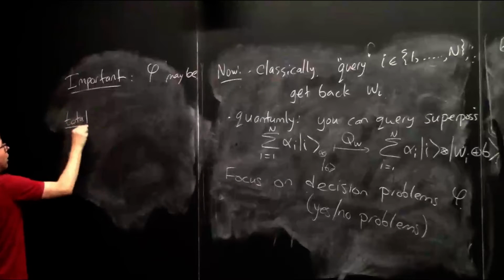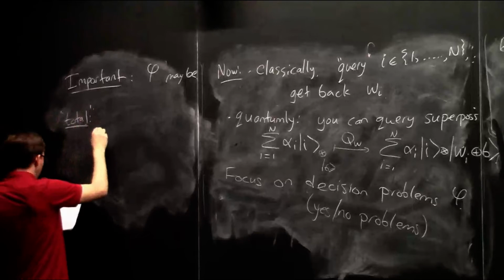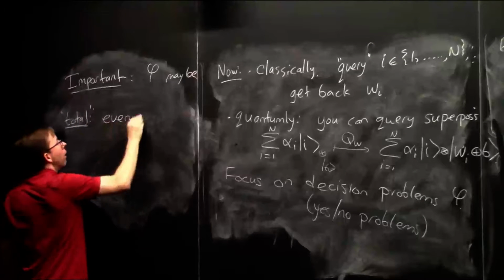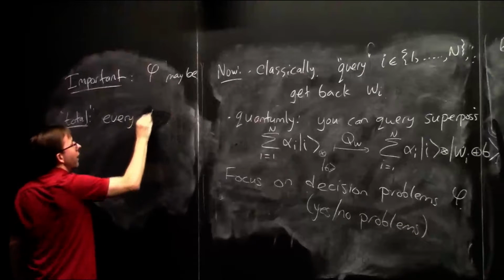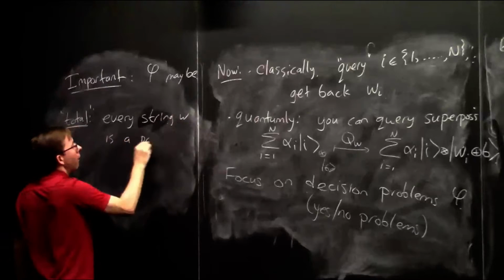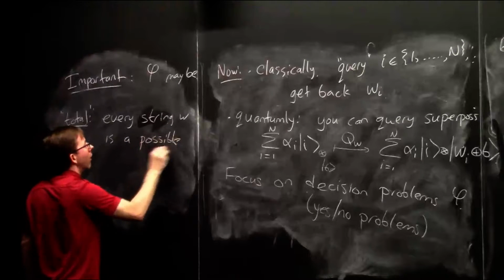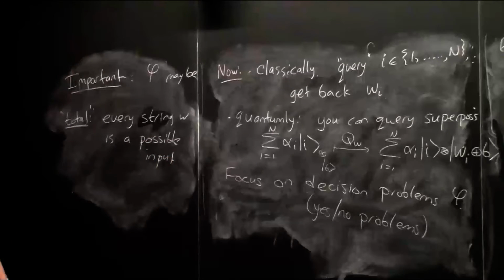One is called total. And that really means it's a total function, but it means that every string W is a possible input.